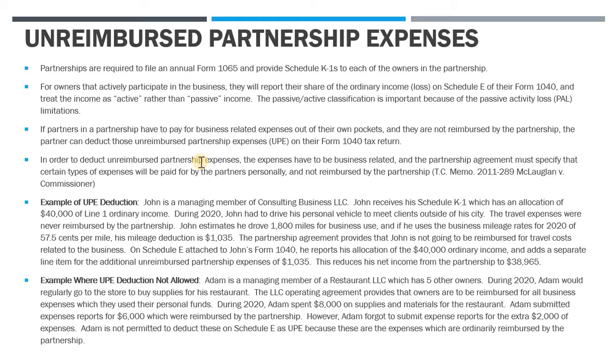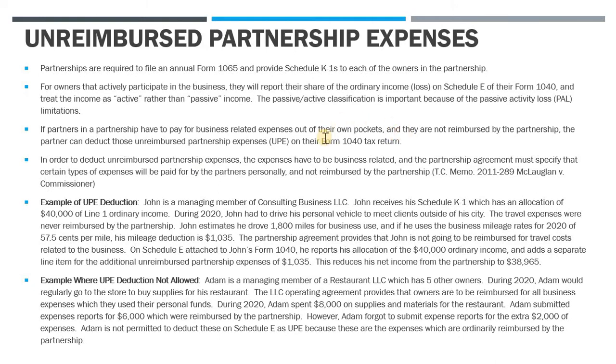Okay, if that's the case, then if you meet certain other provisions, you can deduct those unreimbursed partnership expenses on your Form 1040. So you paid for it out of pocket, the partnership didn't reimburse you for it, so the partnership 1065 doesn't have the deduction. You're going to take the deduction on your personal tax return.